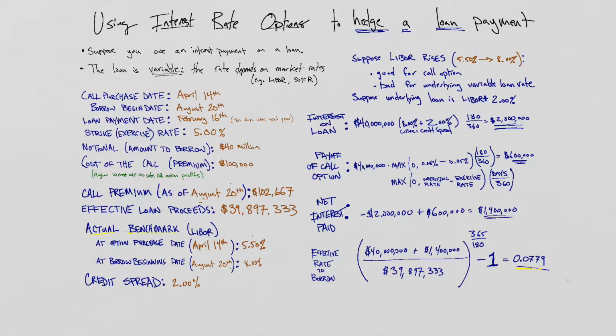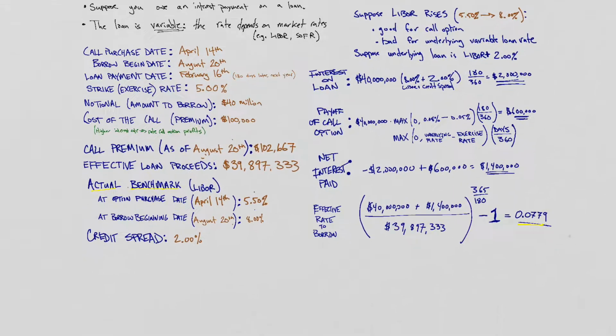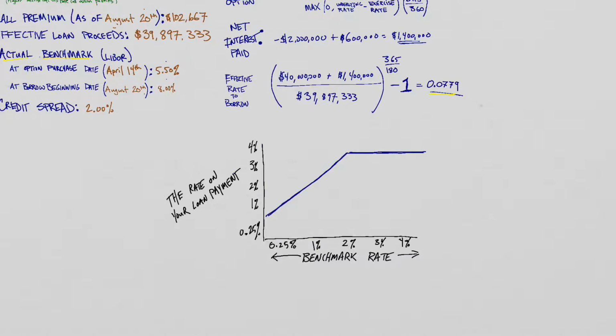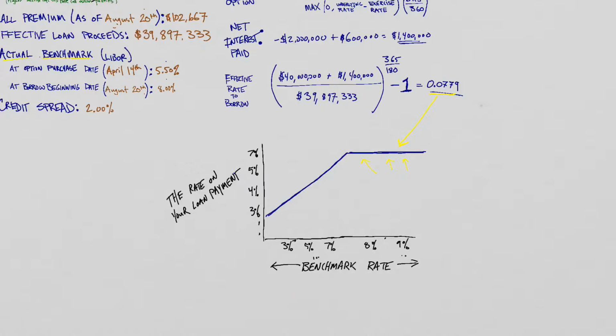And this is kind of like this asymmetric hedge in a good way, because on the high end, the company faces no higher interest rate. Even if LIBOR goes higher, the company is still protected against any rise in the cost of the loan.